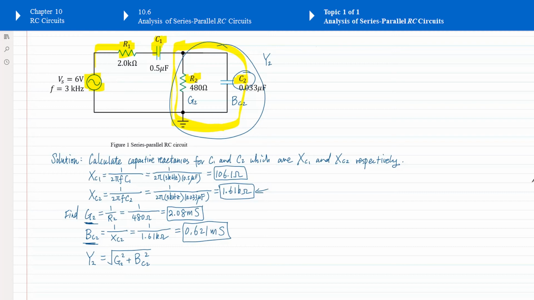Using these two quantities, we can find Y2. Substitute the variables with numbers: G2 is 2.08 millisiemens squared plus BC2, 0.621 millisiemens squared. I calculated it is 2.17 millisiemens.